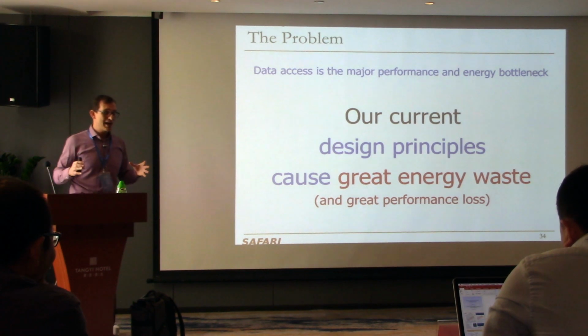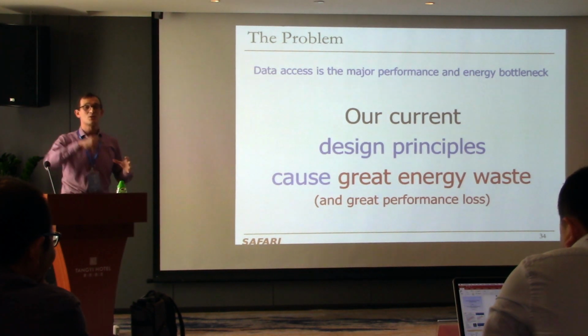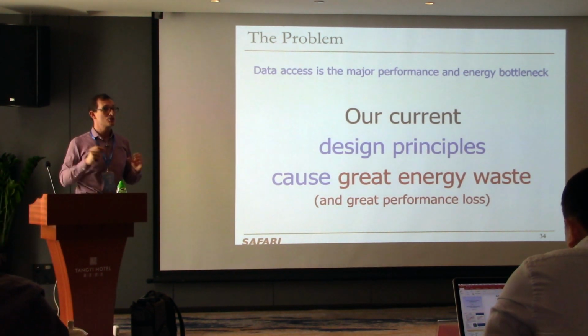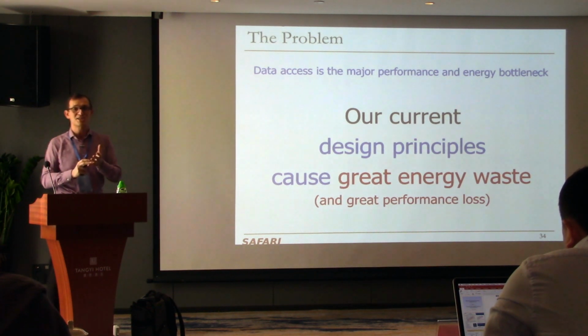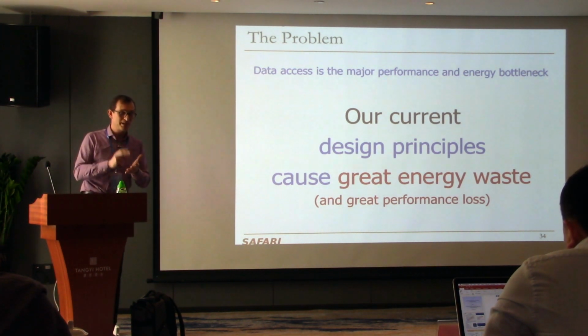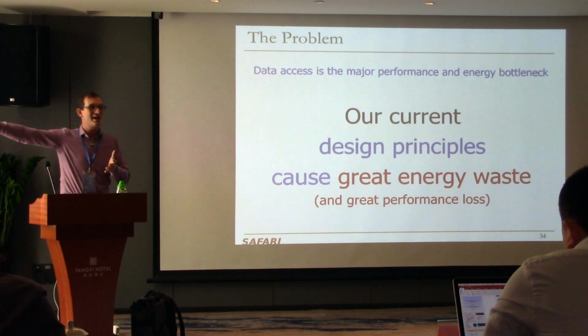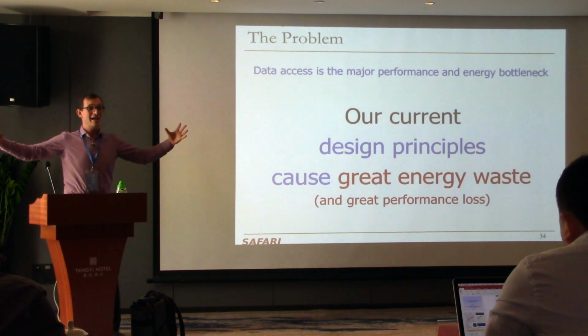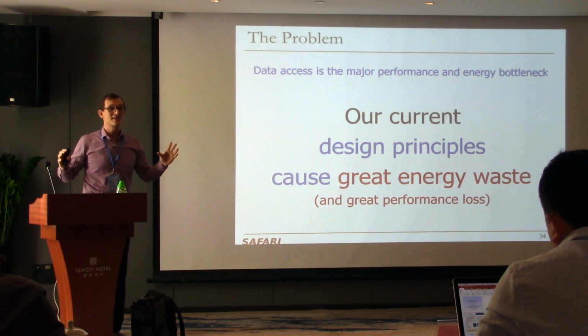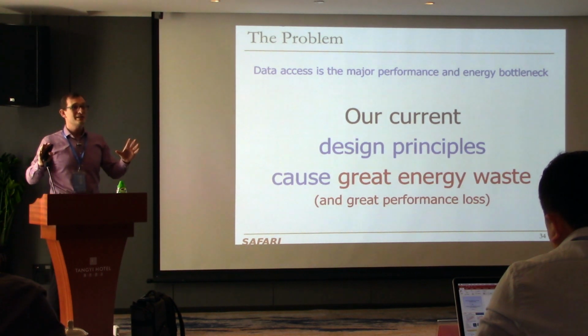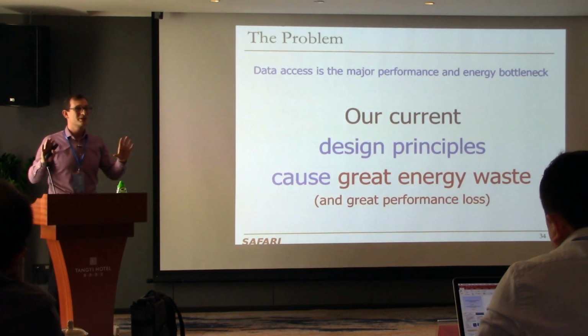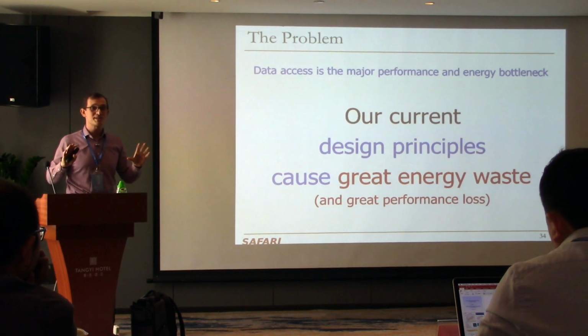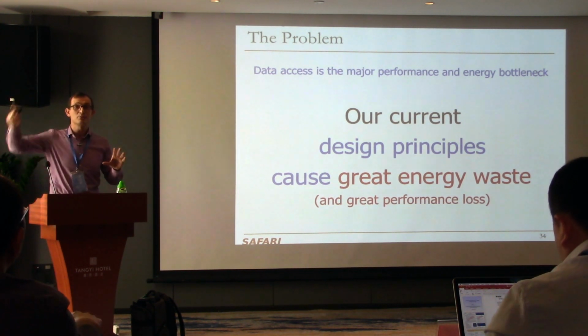So what happens is we put a lot of complexity into our systems to overcome the performance issues with data movement. Like we add caches, we add multi-threading, we add prefetching, we add all sorts of memory hierarchies that are huge, and they add a lot of complexity into the system. When they work well, but most of the time they don't work in real applications, and as a result, they cause additional complexity, and they cause even more energy waste.